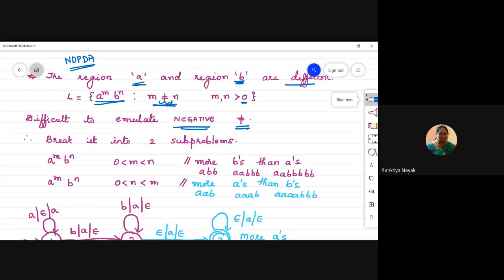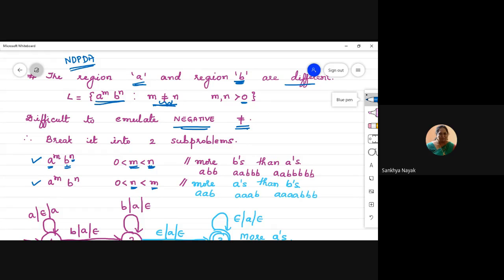So what we can do is divide the same question into two portions. Not equal to means either A's are more or B's are more. If M is less than N, then B's are more, because you can see N is written for B. So if M is less than N, that means A's are fewer or B's are more.